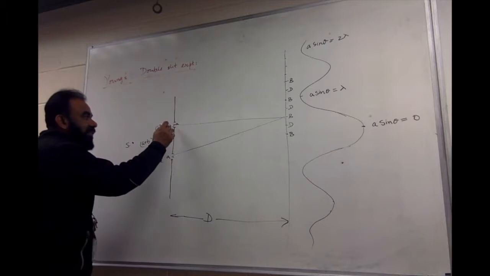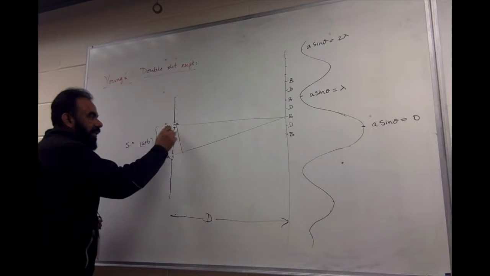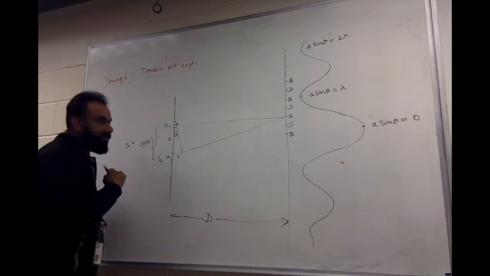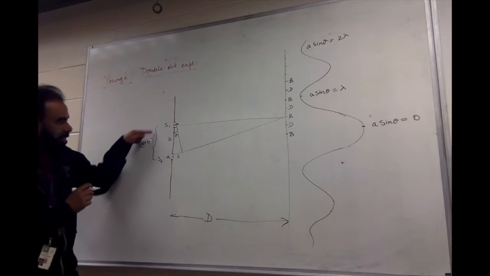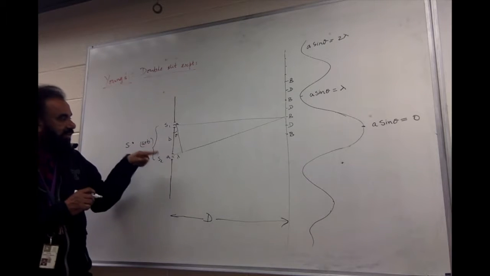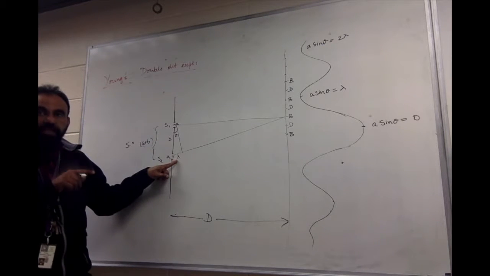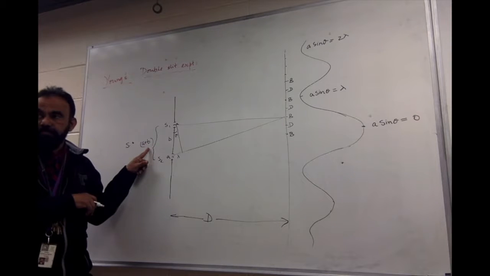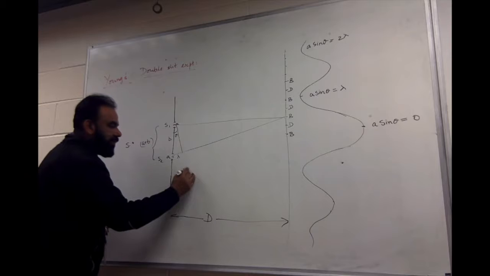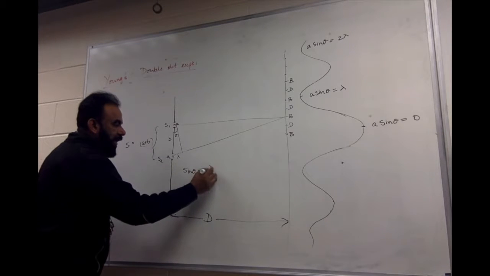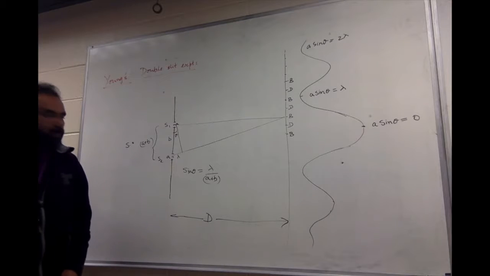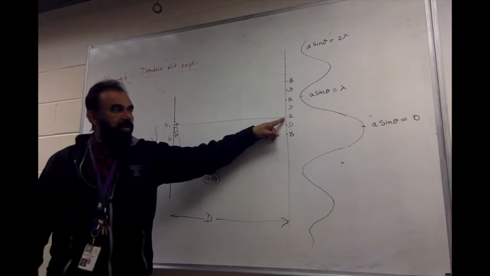So if you look at that angle theta, this is 1 lambda, and that is A plus B. So look at the trigonometric ratio there. Sine theta is equal to 1 lambda divided by A plus B. So sine theta is equal to lambda over A plus B. That is what makes this bright.